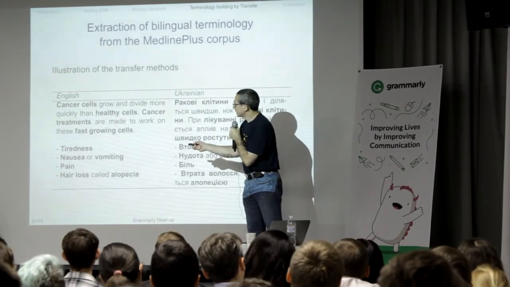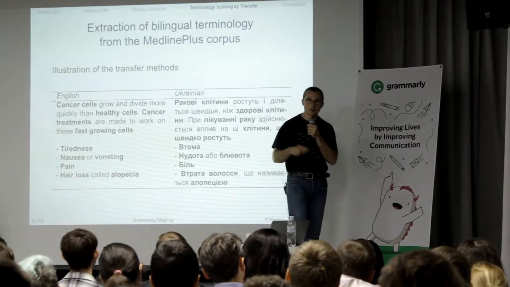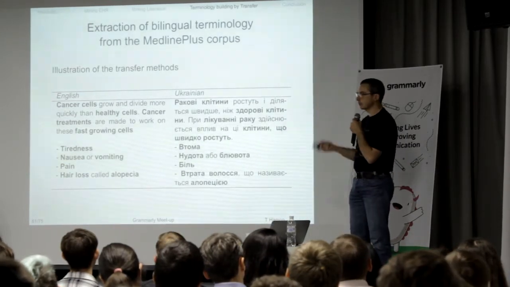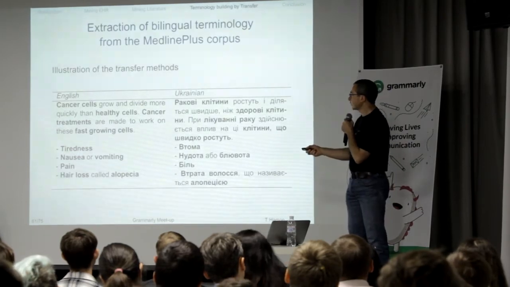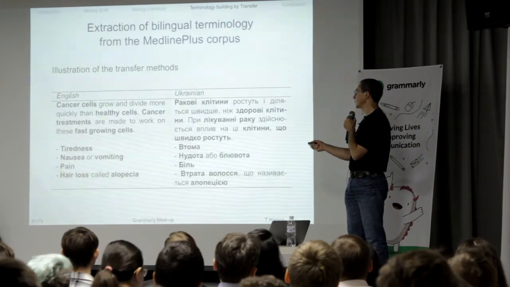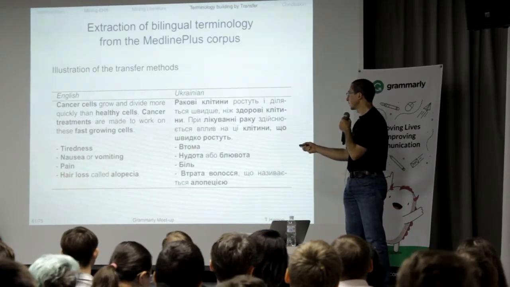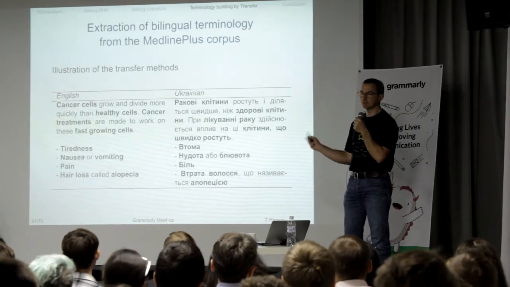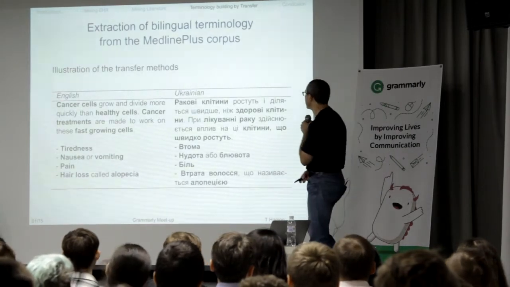We extract the term from the list. If the term is exactly an item of the list, since we have an alignment with the list item in Ukrainian, we consider that the list item in Ukrainian is also a term.